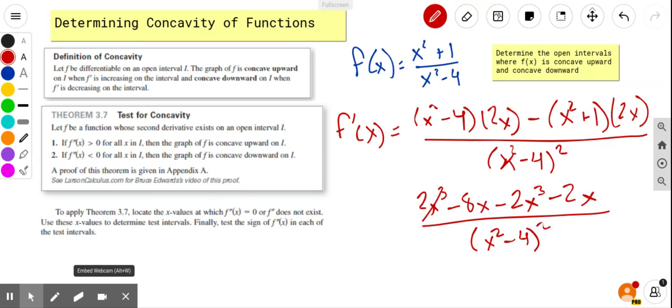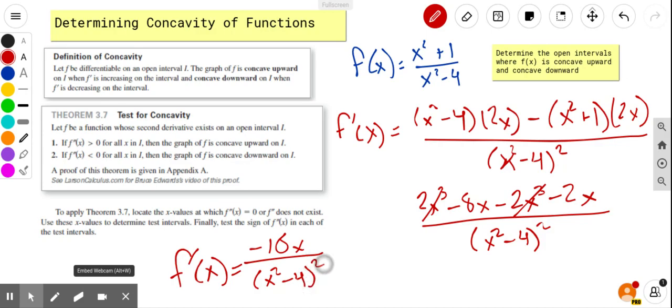And we can see that the 2x cubes cancel out. So then we are free to say that the first derivative of this function should be negative 10x over x squared minus 4 squared. So that's what we got.